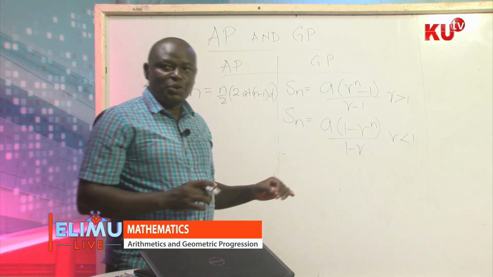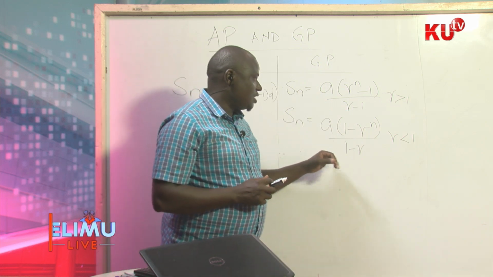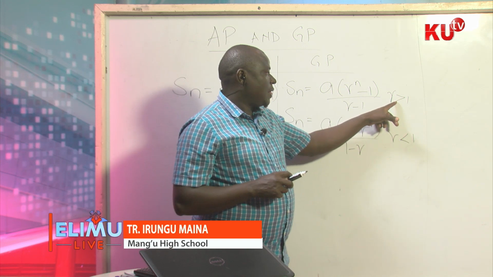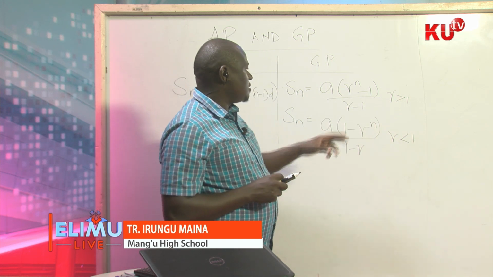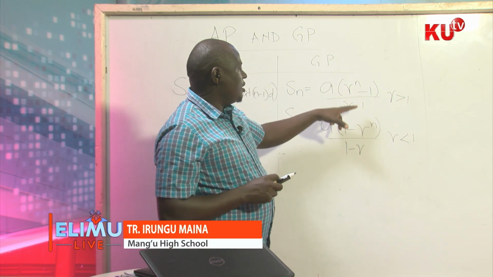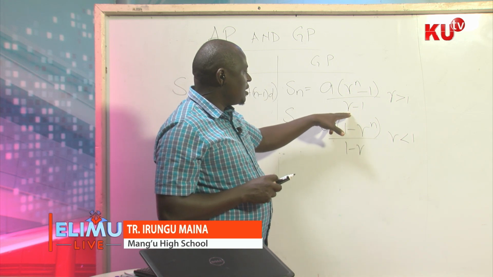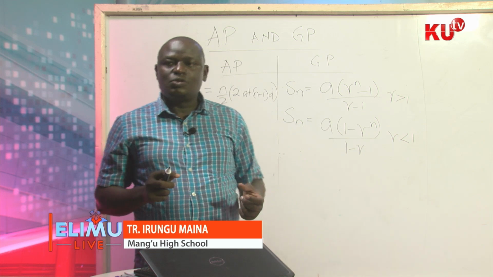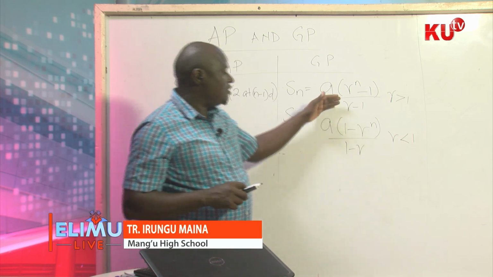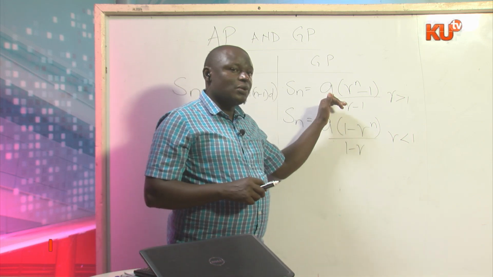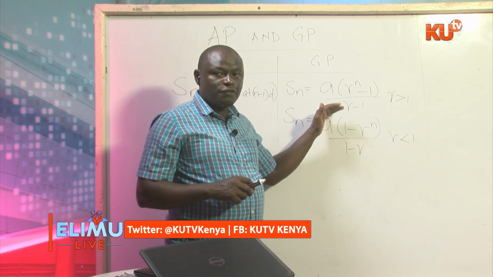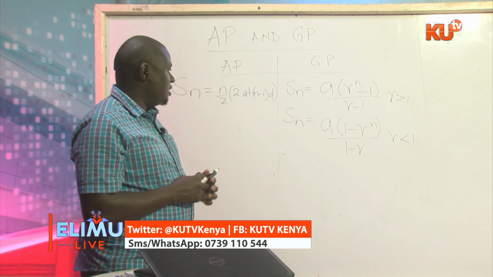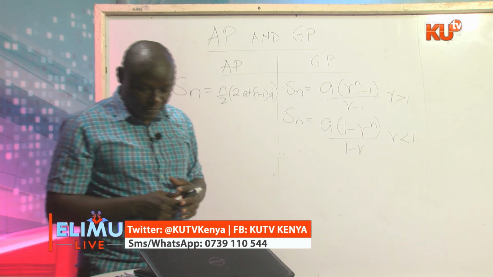While we are at that point, I think it's important to say that in case r is less than 1, this would be a smaller number minus a big number. It would give us a negative. So in avoidance of that, that's why we have the two options of the formula interchanged as indicated on the board.